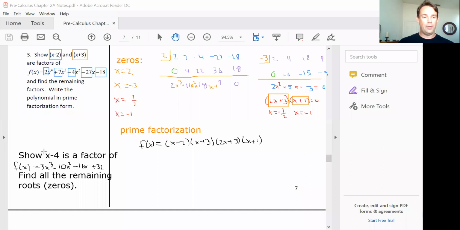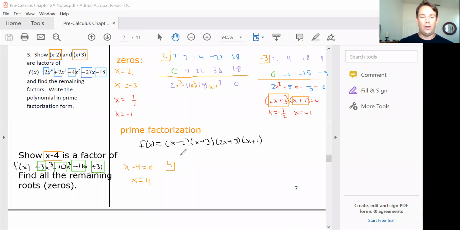All right, welcome back, friends. So here's the factor we're dealing with. We know that's our factor. So x minus 4, I have to figure out what number goes in the box. I take it, set it equal to 0, x equals 4. So that goes in my box. From there, I have to figure out my coefficients. I have a positive 3, a negative 10, a negative 16, and a positive 32.